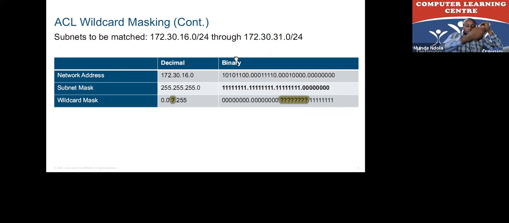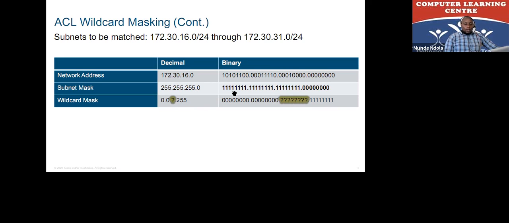So the first question we ask ourselves is, what mask can we use to aggregate .16 all the way to .31? In this case, those are like 15 IPs. So instead of doing 16, 17, 18 all the way to 31 separately, you can get one common statement.